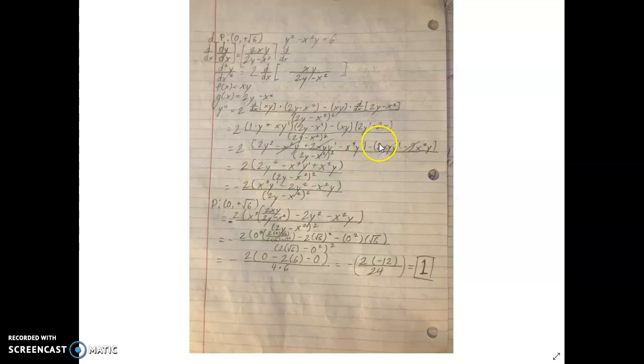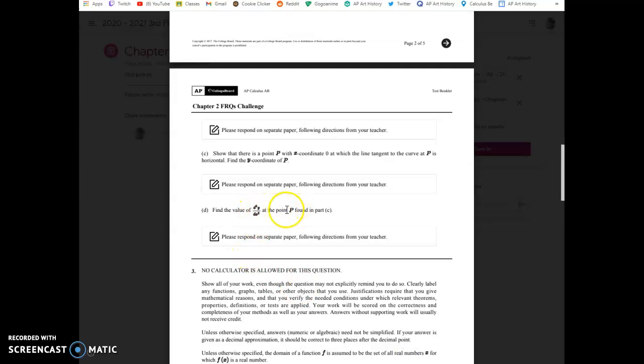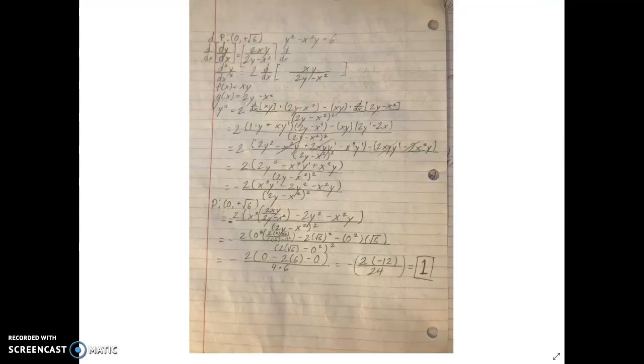You still need to solve for, as said by the problem, the value at the point P found in part C. So since we solved in part C, we can now plug back in the x and y values from part C into our newly found second derivative of the curve.